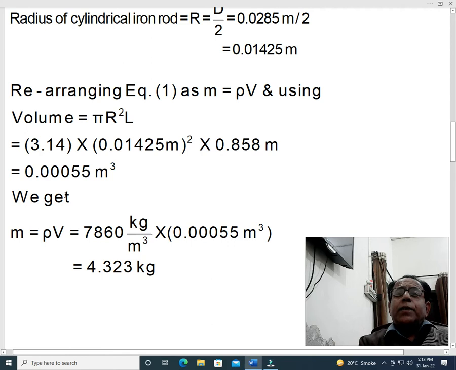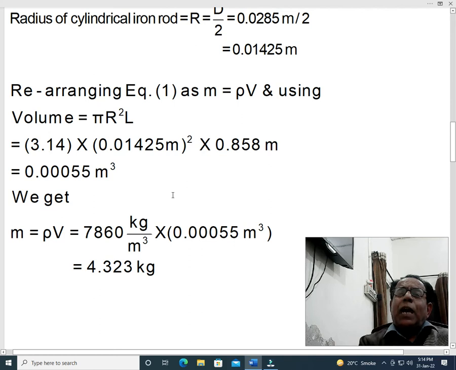Rearranging equation number 1 as m equal to rho V, and using this formula for V, we get m equal to rho V. Here we have used the value of rho, that is 7860 kilogram per meter cube, into the value of V, which we have already calculated by the formula pi r square L. So m has become equal to 4.323 kilogram.